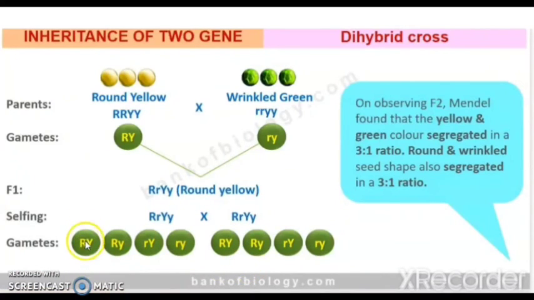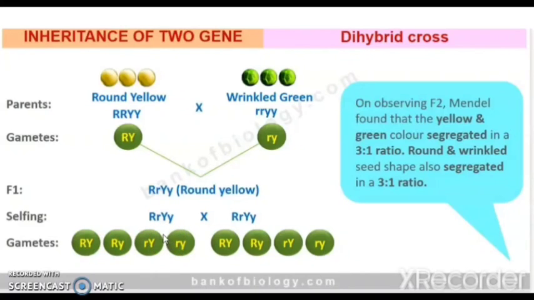This capital R has a 50% chance to obtain capital Y and the other 50% chance to obtain small y. In the same way, the small r will have a 50% chance to obtain capital Y and the other 50% chance to obtain small y. So they are saying how the gametes are produced. The percentage is 25%, so each of these allele combinations will have a 25% chance to reach a single gamete, right?